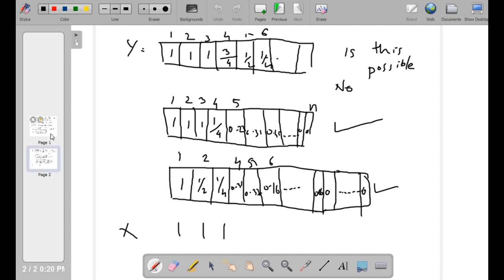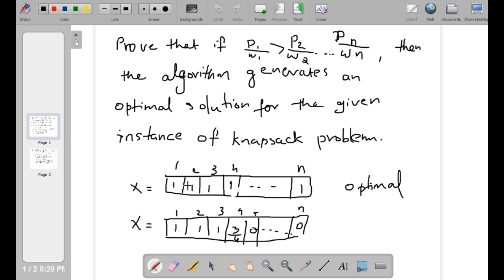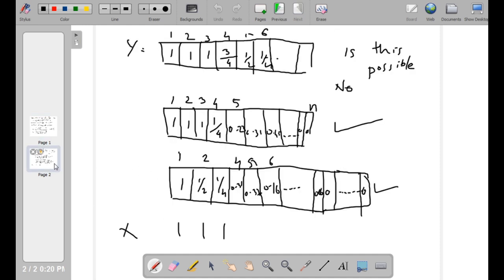Let us verify that. 1 1 1, and the fourth item is 3/4. After that everything 0. Okay, this was X. Then what is the difference between our solution, the solution given by the algorithm, and the solution proposed by person Y?